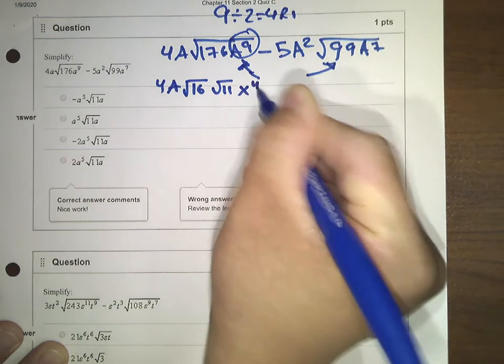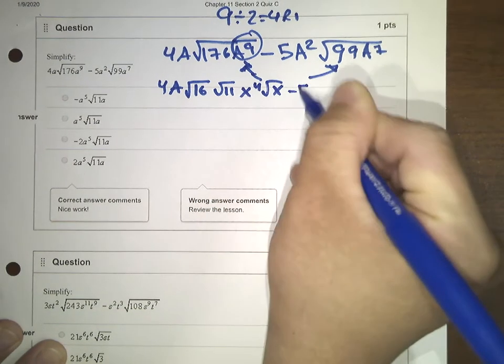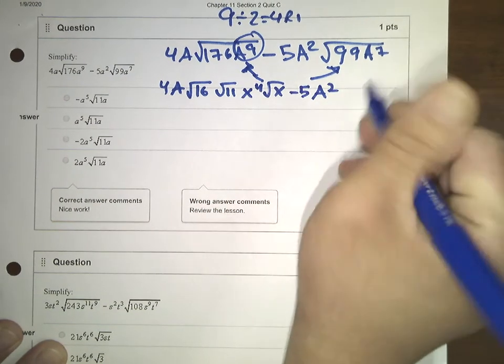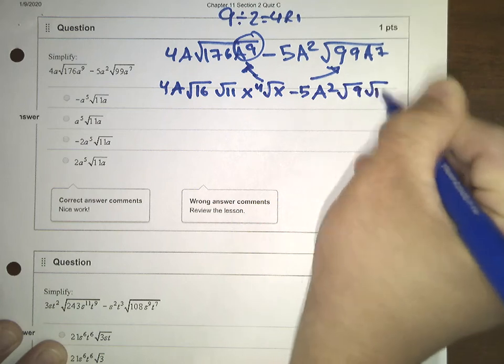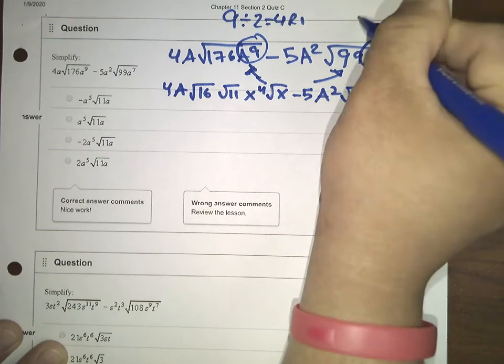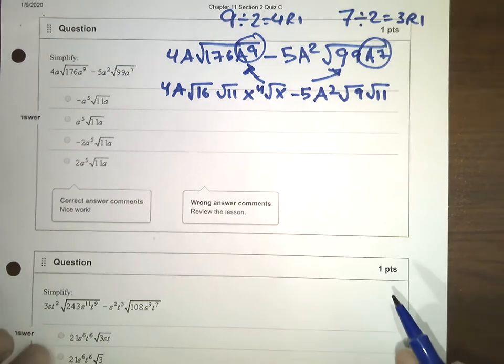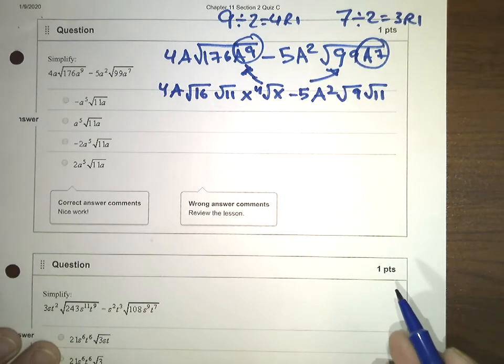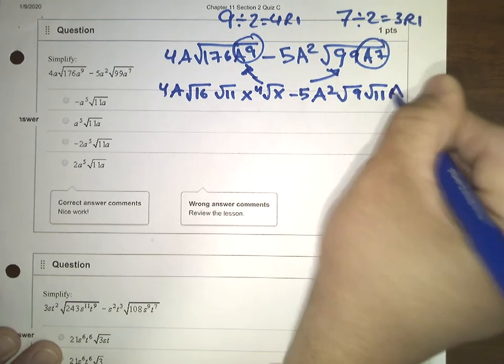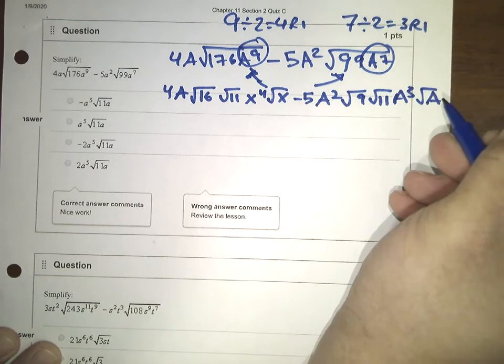So we have a to the 4th square root of a minus 5a squared. Square root of 99 is square root of 9 times square root of 11. And then the a to the 7th, we have 7 divided by 2 is 3, remainder of 1. So the square root of a to the 7th is a to the 3rd square root of a.